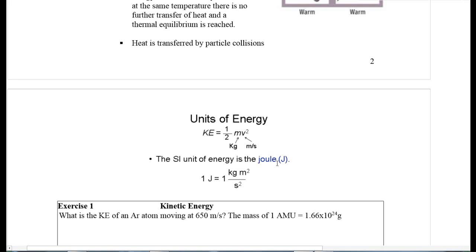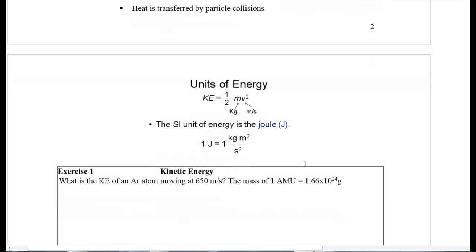Okay. Now, it turns out the SI unit for energy is the joule, and the joule is kilograms times meters squared over seconds squared, which is what you get if you multiply kilograms times the square of meters over seconds.